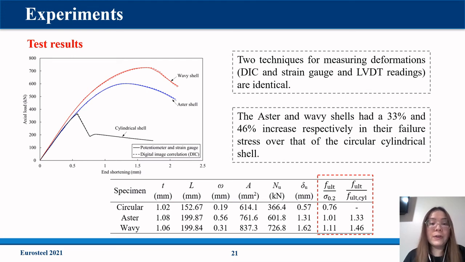This increase in failure stress is lower than the expected 200% value. This is attributed to the measured imperfection amplitude of the circular cylindrical shell being lower than the assumed value in the prediction. Thus, the test peak load for the circular shell was higher than predicted.